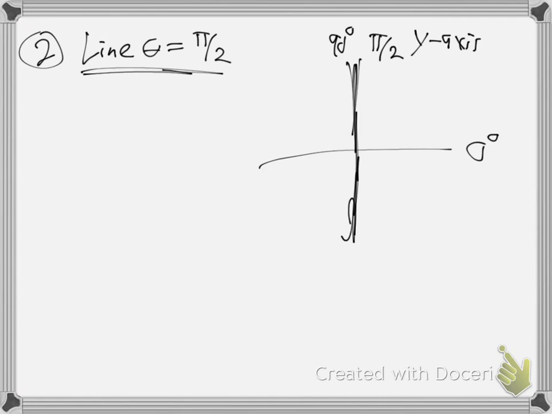This is our last section. We're fully into the polar world here. So when they say symmetry about the line theta equals pi over 2, straight out, 90 degrees, that's the y-axis. They're basically asking, does it look the same on the right and the left of the y-axis? That's y-axis symmetry, or theta equals pi over 2 line symmetry.